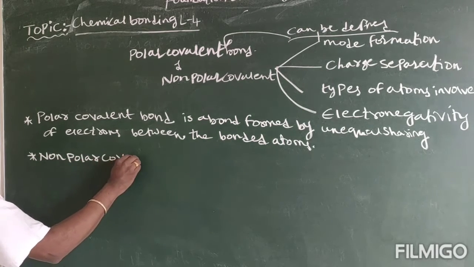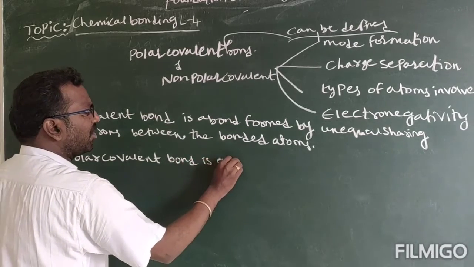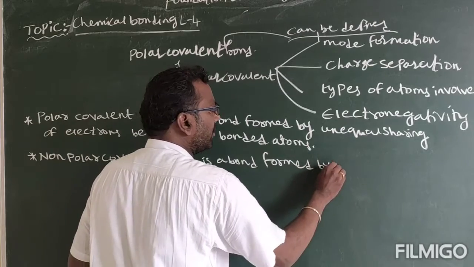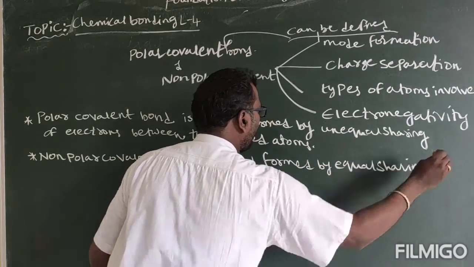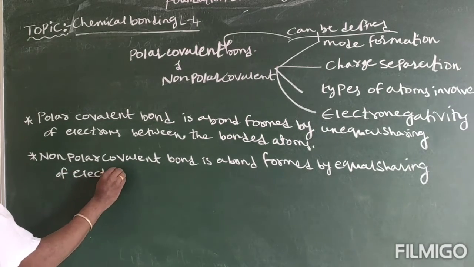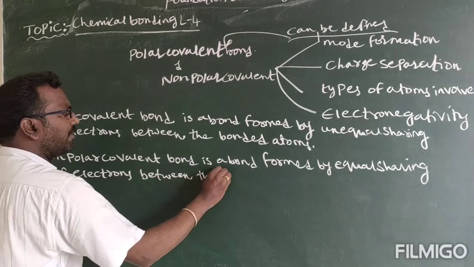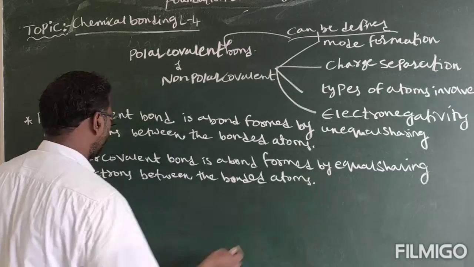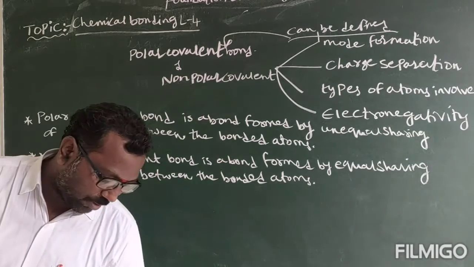A non-polar covalent bond is a bond formed by equal sharing of electrons between the bonded atoms. Okay, so this is the way we have.